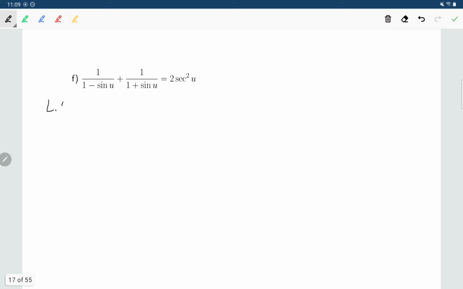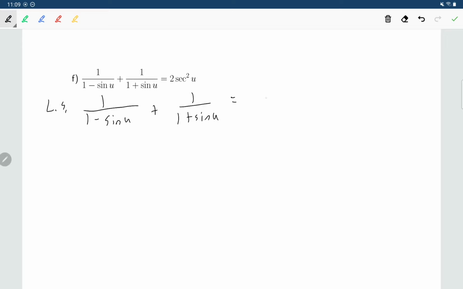So for the left side of the equation, 1 over 1 minus sine u, and 1 over 1 plus sine u. So for my common denominator, it would be 1 minus sine u times 1 plus sine u.